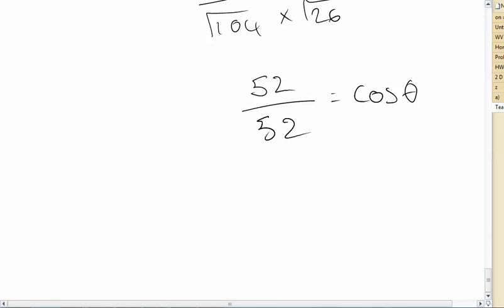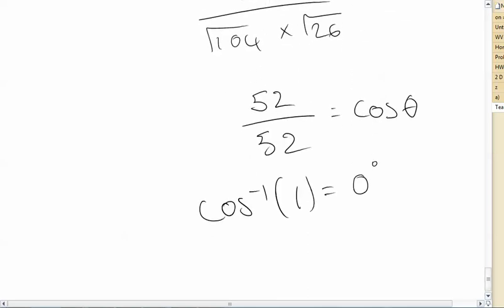So inverse cosine of 1 equals 0. This further proves that there is no intersection because it's 0 degrees, and they'll always continue in a straight line and never touch, so therefore the angle is 0 degrees.